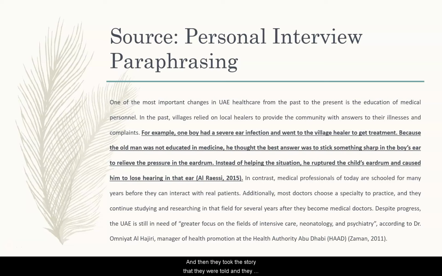And then they took the story that they were told and they rewrote it in their own words. So you can see there's no quotation marks. The information underlined is paraphrased, but at the end of the paraphrase, you see that there is a source citation. So we have the last name of the person who was interviewed and the year of the interview.